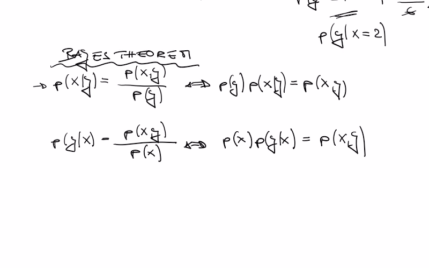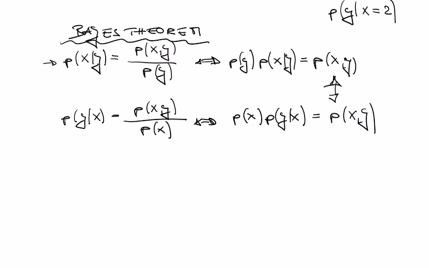Good. So now what we actually found here is two expressions for our joint probability. So we have p(x,y) and p(x,y). These are obviously the same thing, so we can write p(x,y) equals p(x,y).